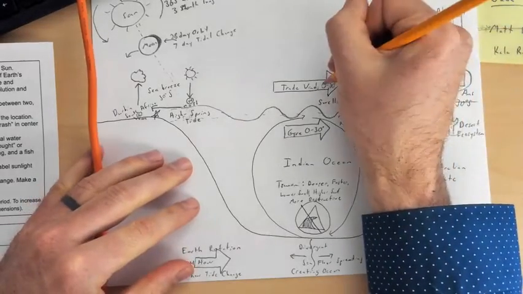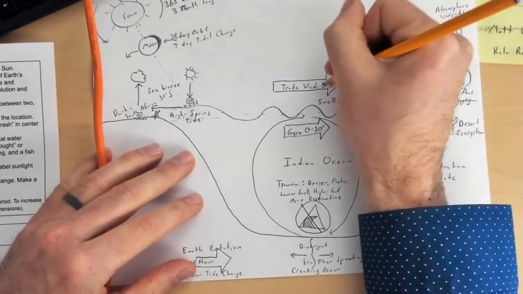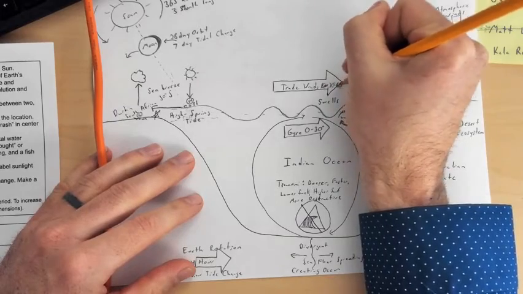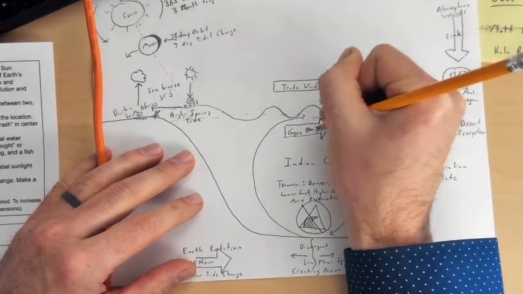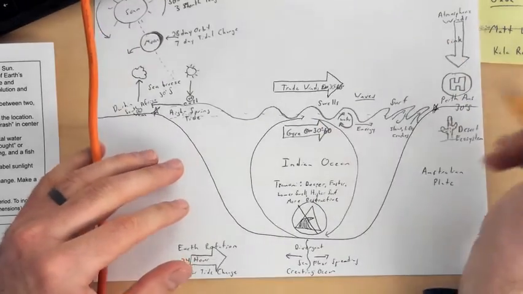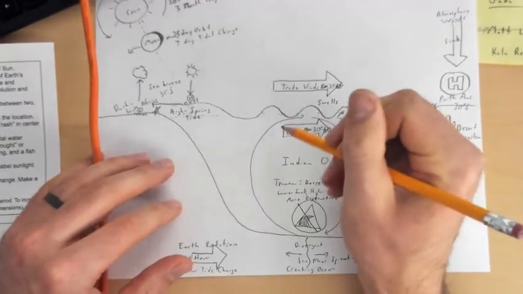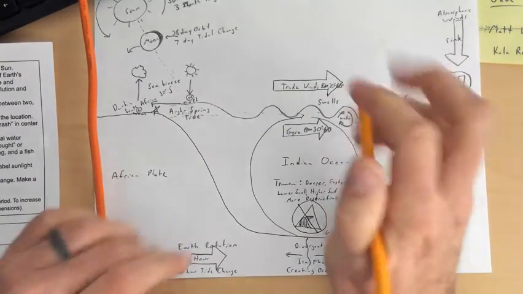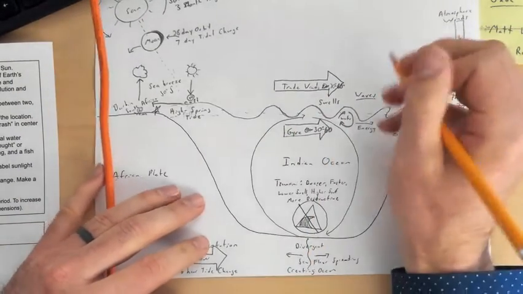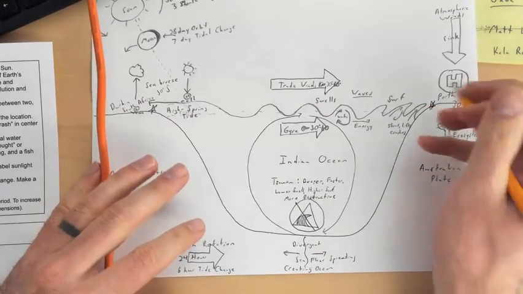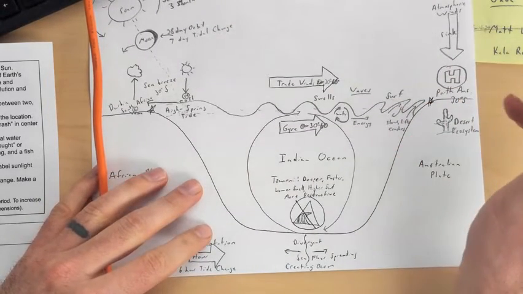Oh, I did this. That should be between, it's going that way between 30 and 60 degrees. And so if it's between 30 and 60 degrees from the west towards the east, sorry about that, then that is going to push heated water with it as well.